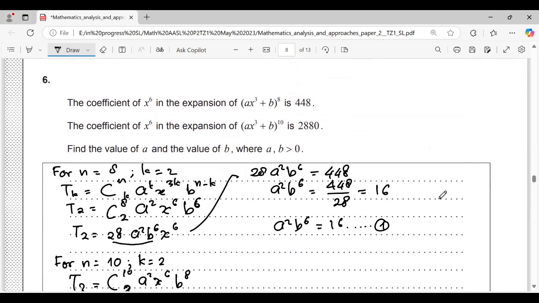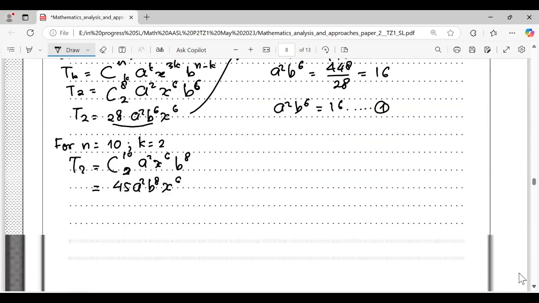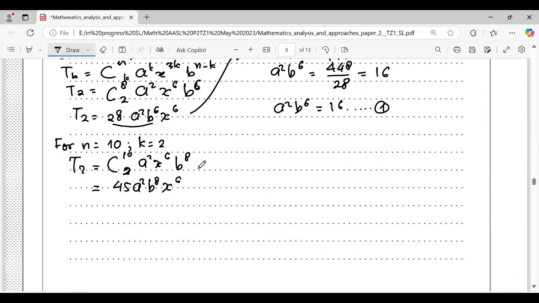And according to the information, the coefficient of x power 6 is 2880. So we can state the expression becomes 45 a squared b power 8 equals 2880.